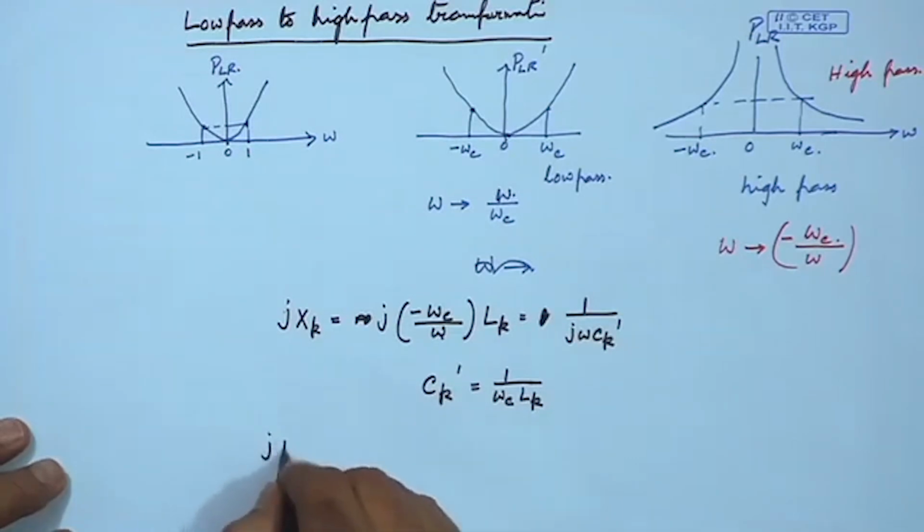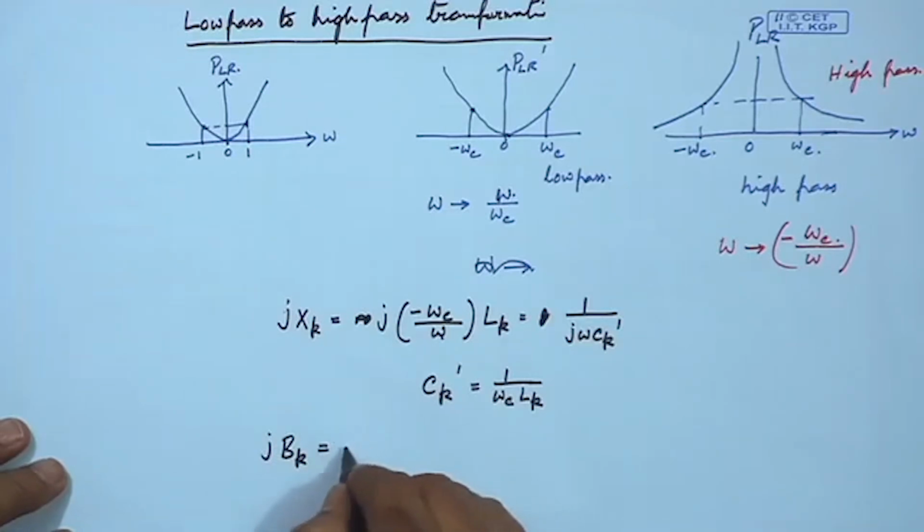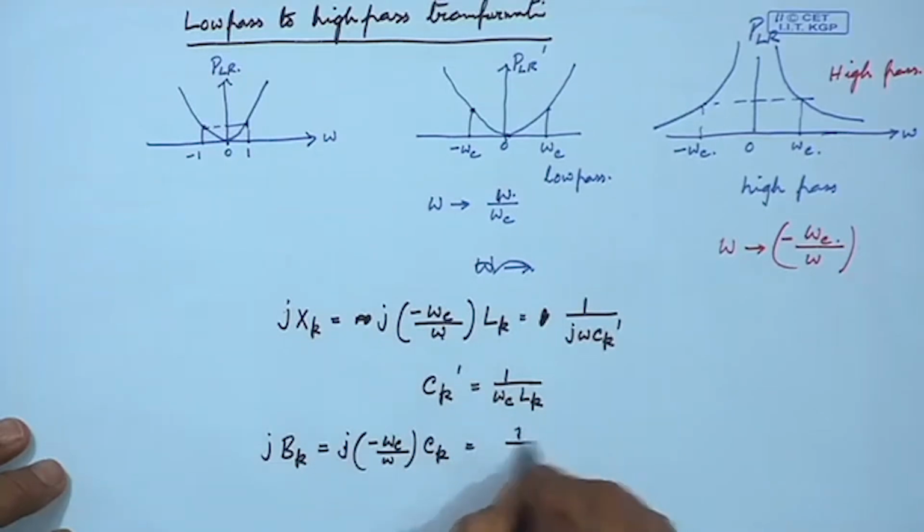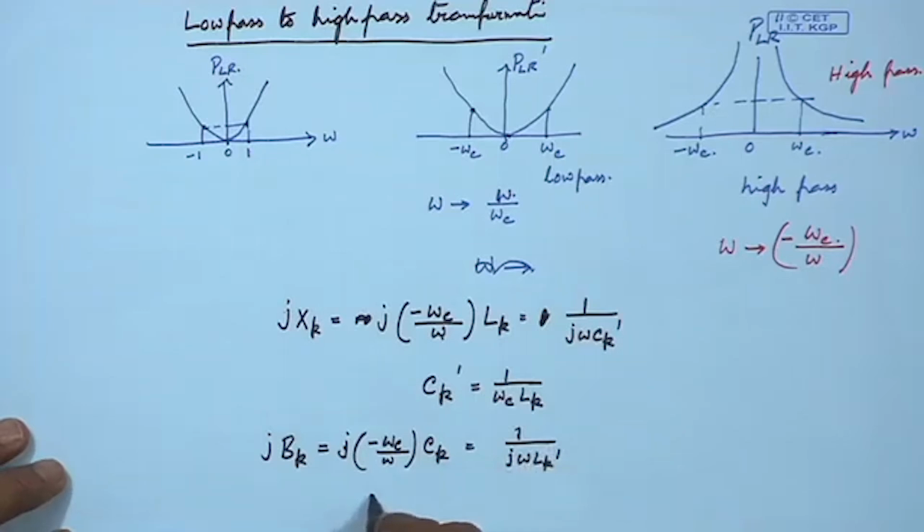Similarly, I can do the susceptance of a capacitor jBk, that will be j minus omega c by omega into Ck, and that is 1 by j omega Lk dashed. So by comparing I find that Lk dashed is 1 by omega c Ck.